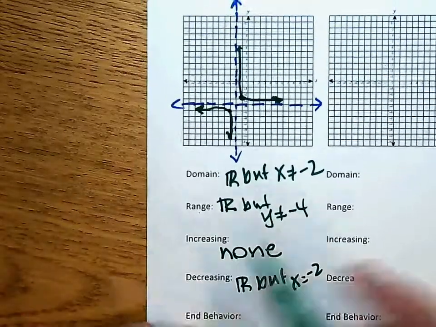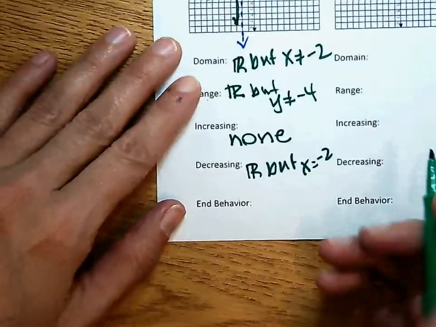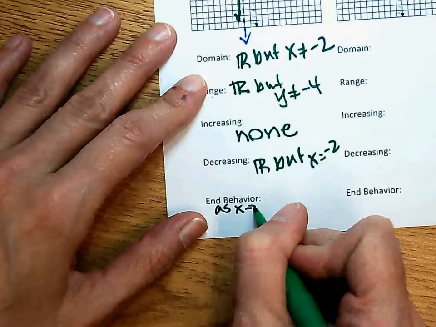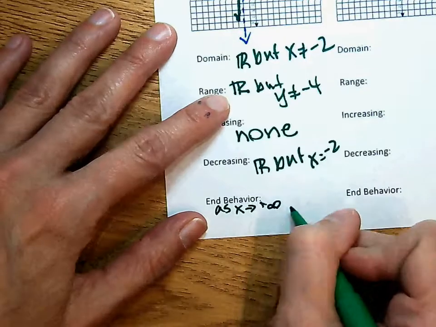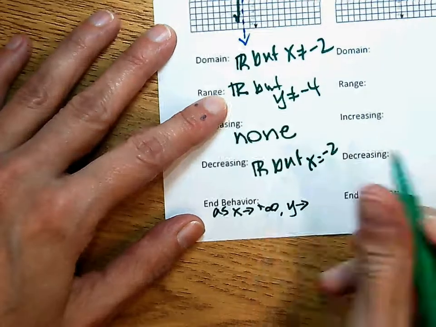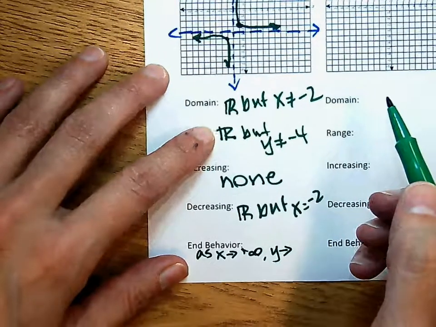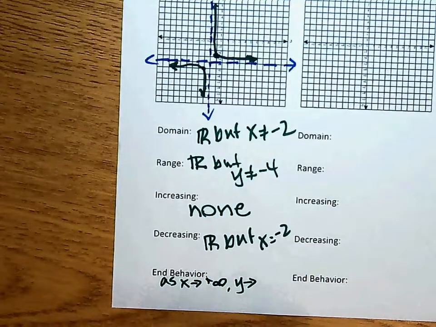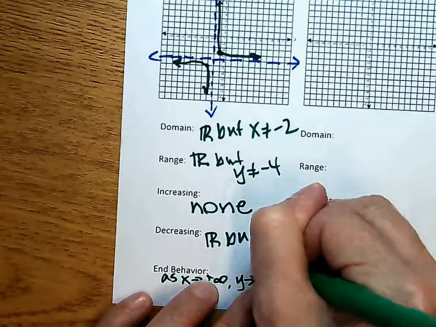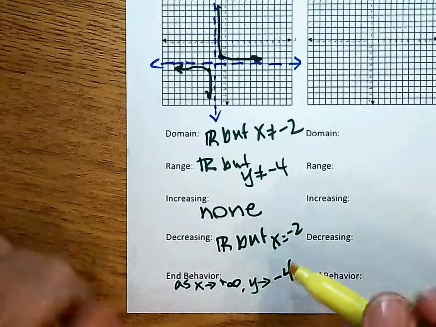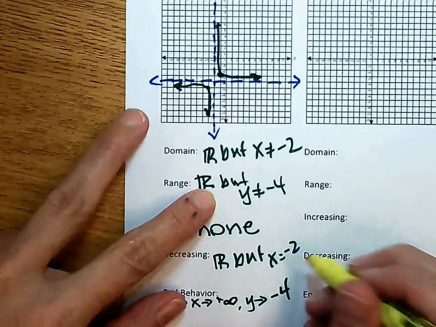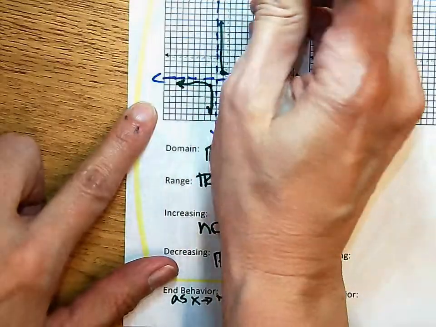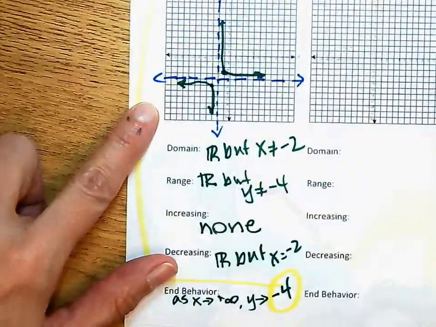And what about the end behavior? Now this is what we talked about on Friday. We said, as x approaches positive infinity, what does y do? It approaches -4. It's approaching that horizontal asymptote. So look, this right here is from that value right there.